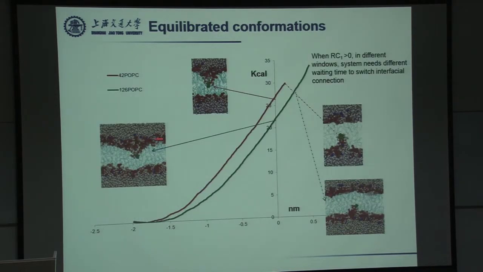Okay. So you see, the problem is really the ion has a hard time to cross it. And when it reaches a certain distance, not only this side, the membrane is different from the equilibrium state. That is, the ion is here, and the other side has to respond.